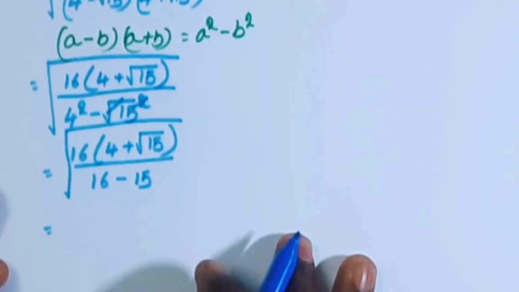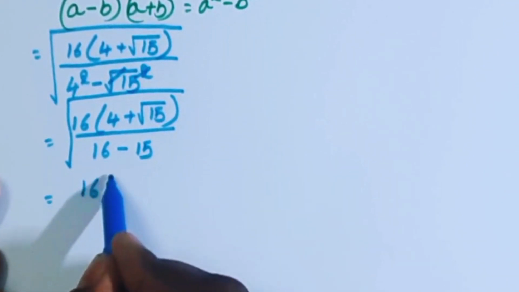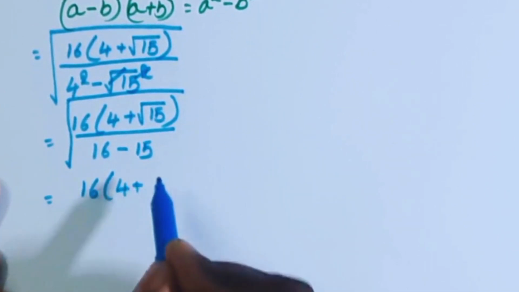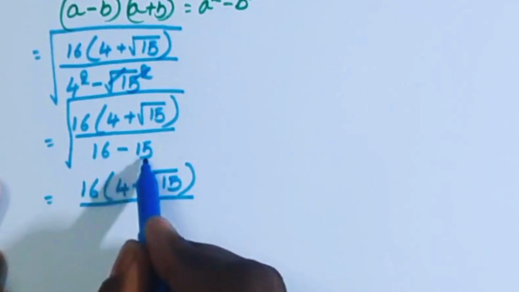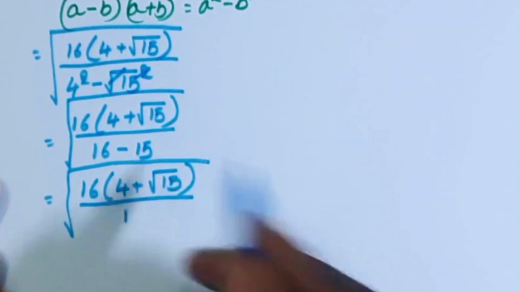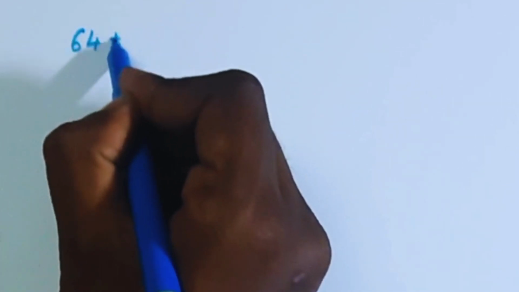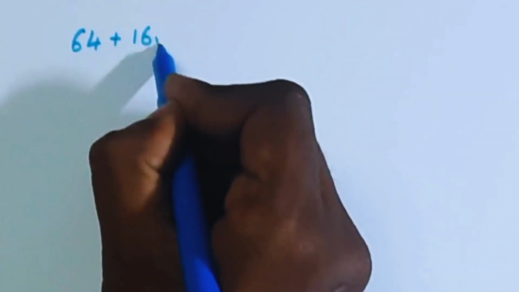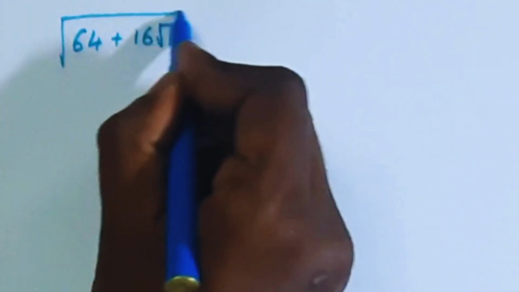Now 16 times 4 plus square root of 15 by 16 minus 15 is 1, in square root. Now 16 times 4 is 64, plus 16 square root of 15, in whole square root.